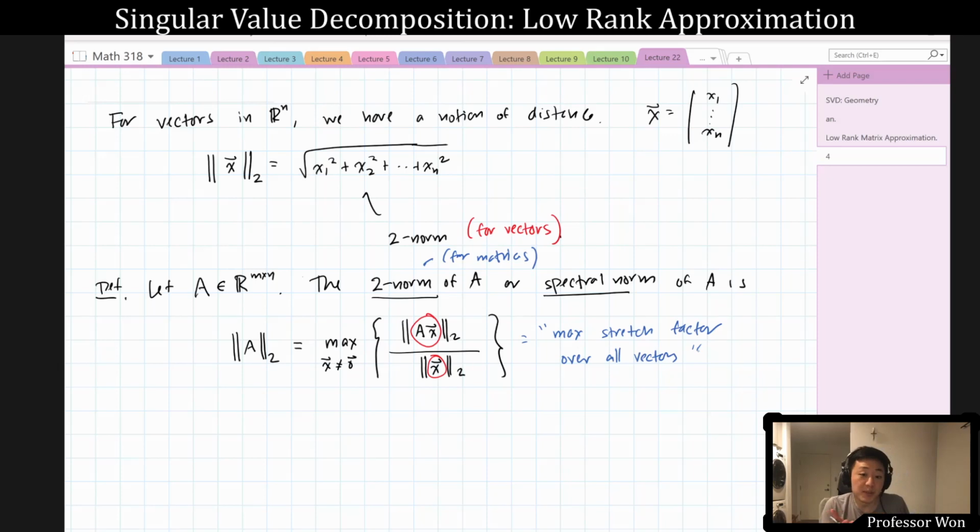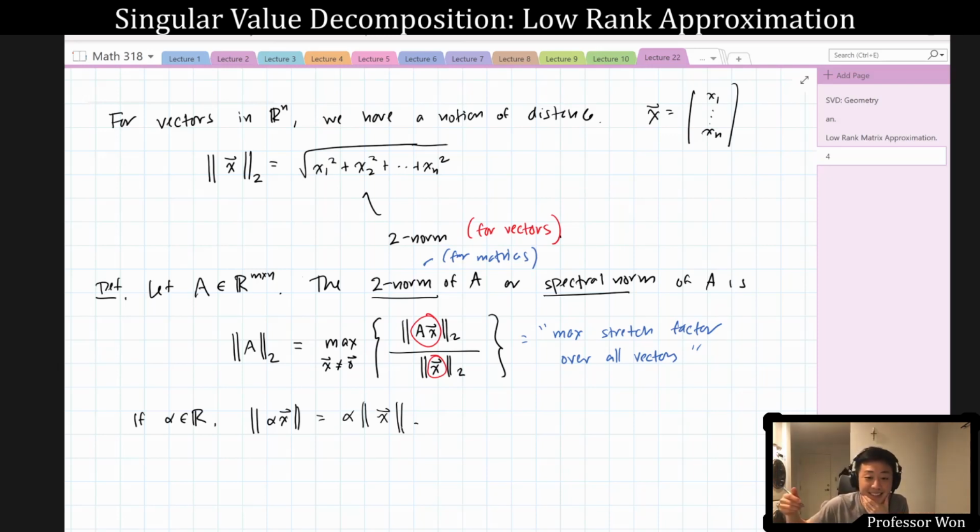Okay, this is in principle something that you need to check on every possible vector, right? But one thing that we know is that if alpha is a real number, then the norm of alpha x is equal to alpha times the norm of x. Right? In other words, if A scales x by 2, it also scales 10x by 2.